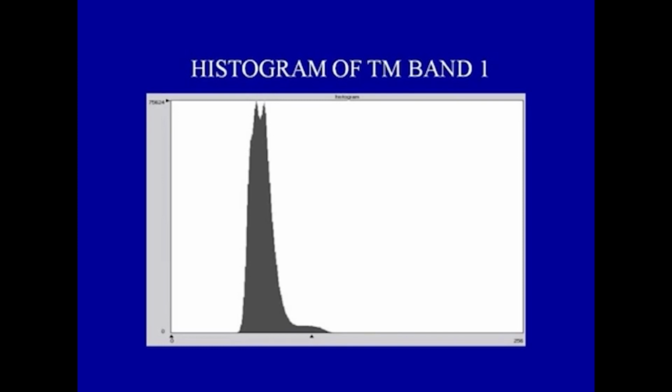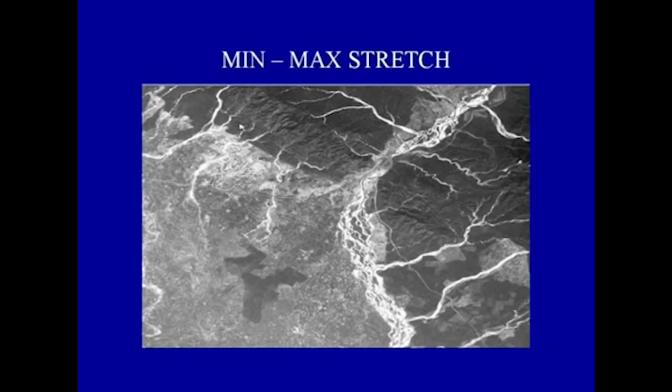So, we first apply the min max stretch, and immediately there is a marked difference in the image. We can see all the sandy areas and the barren areas of the image are now much clearer and brighter, and the forest areas which were earlier appearing slightly gray in color are now darker, specifically the dense forest regions in the image.